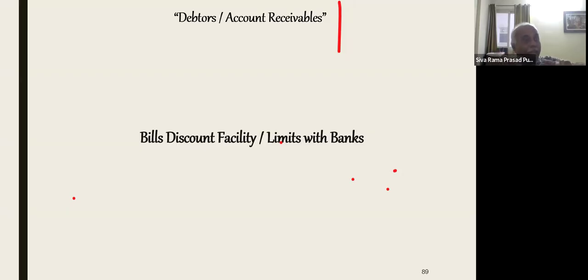Factoring with recourse and bills discounting by the banks are one and the same. So the bills discounting facility is with the banks. So this is also another area.